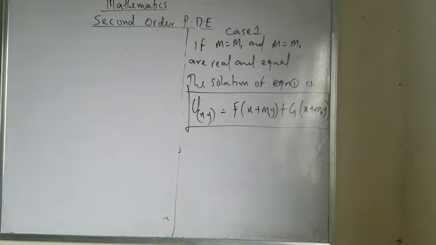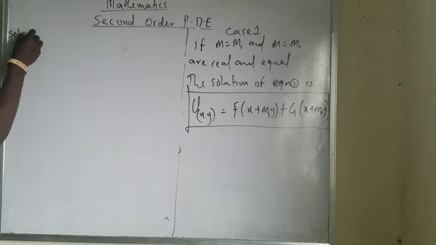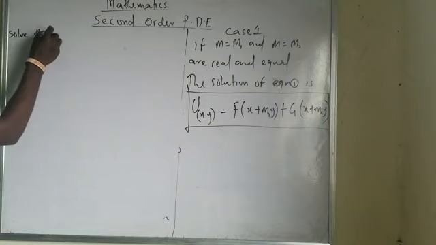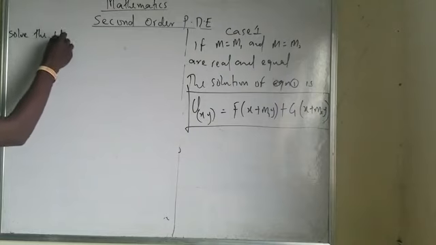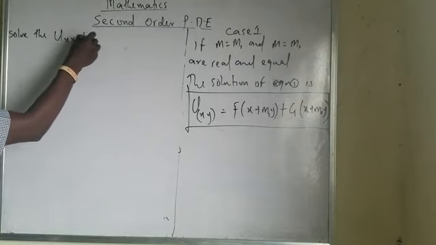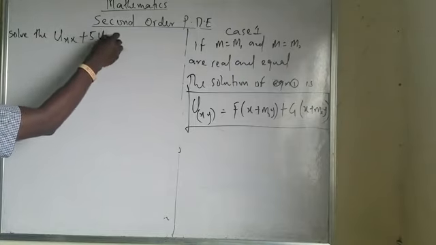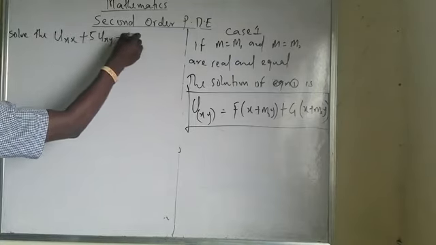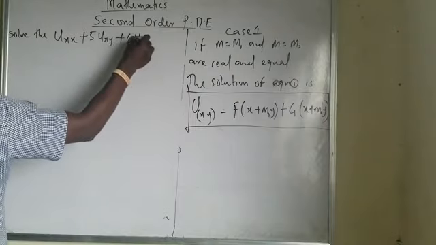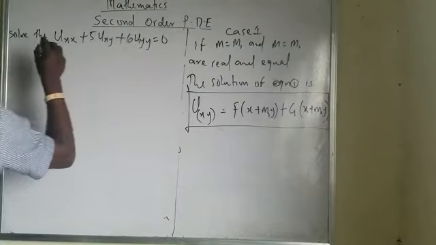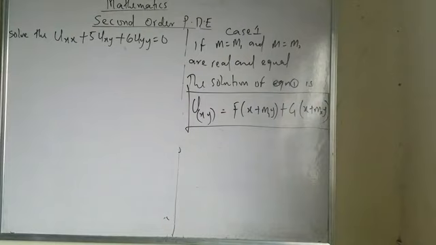Now, let me have a question like, solve u of xx plus 5 u of xy plus 6 u of yy equals 0.